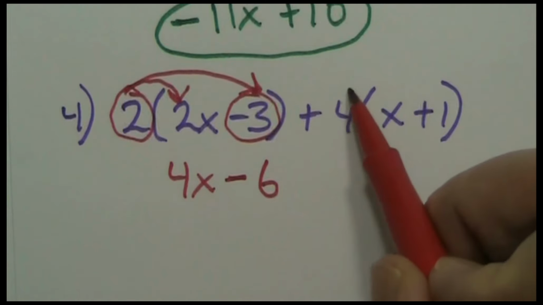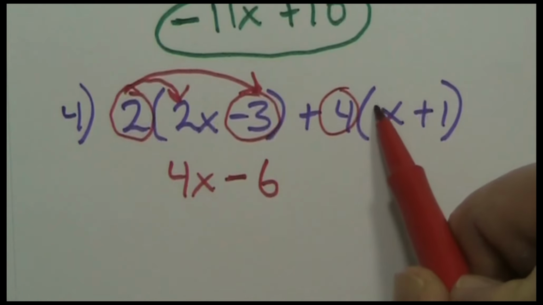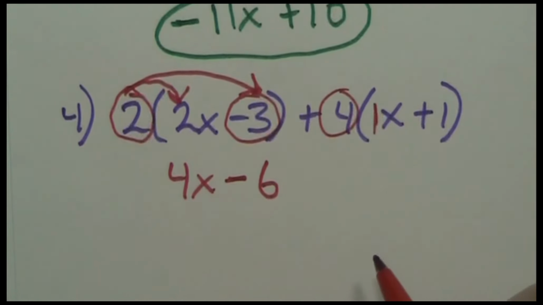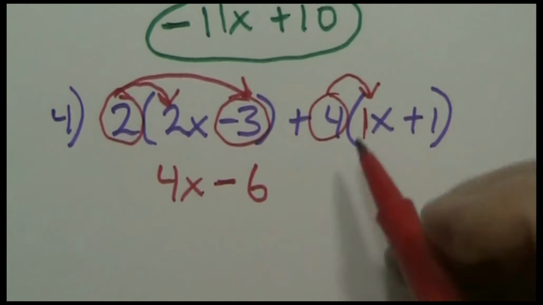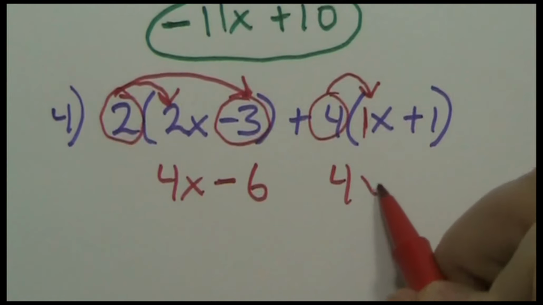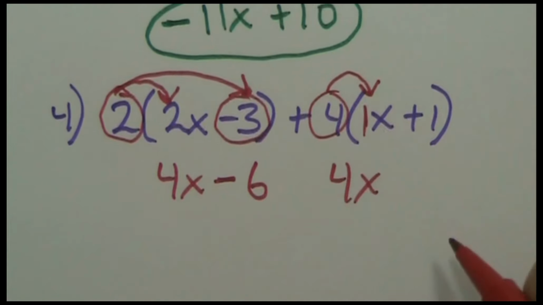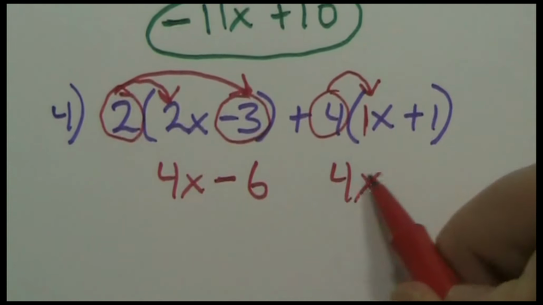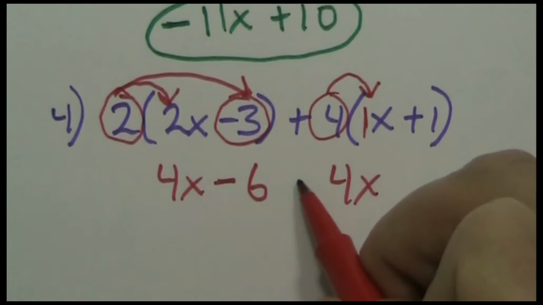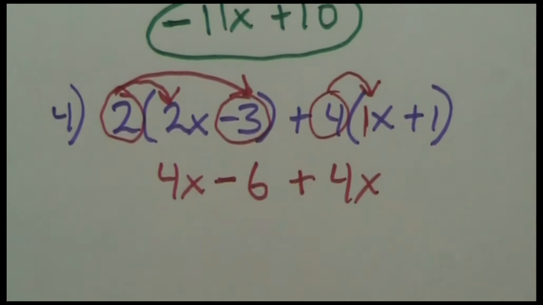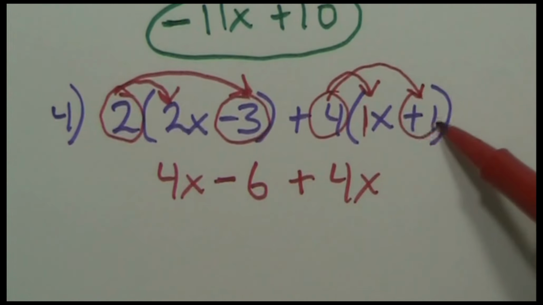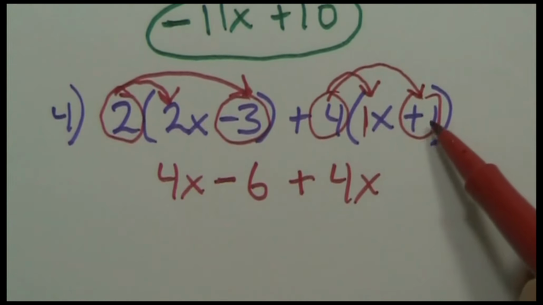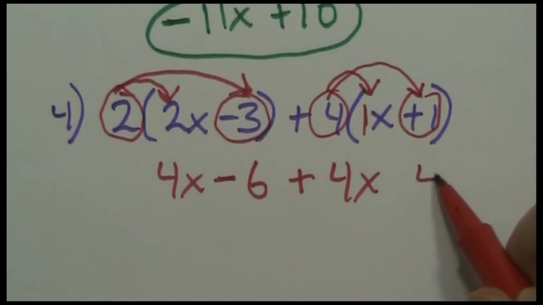It's a 1x. So 4 times 1 is 4. Now, is that a positive 4 or negative 4? That's positive, or 4x. That's a positive 4x. So I'll just put a plus in front of it. And then I have 4 times positive 1. 4 times 1 is 4. It's just positive 4.